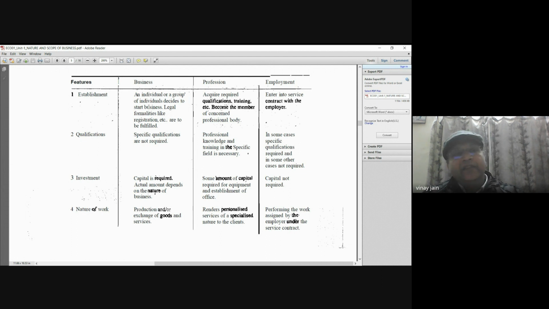So if we just go by the qualification, specific qualifications are not required for business. Although it is supposed to be treated that an MBA can do very good business, there are so many examples. Even when you do not have a degree of MBA, you still do good business. And after having a degree of MBA, you may not be able to do the business.